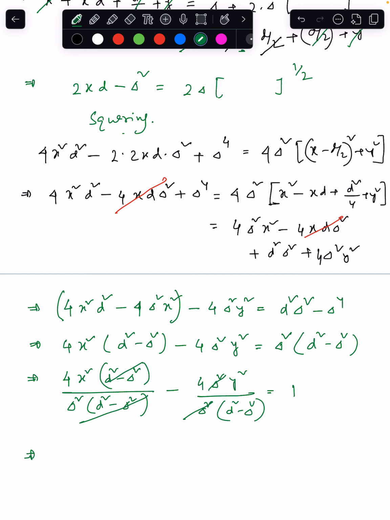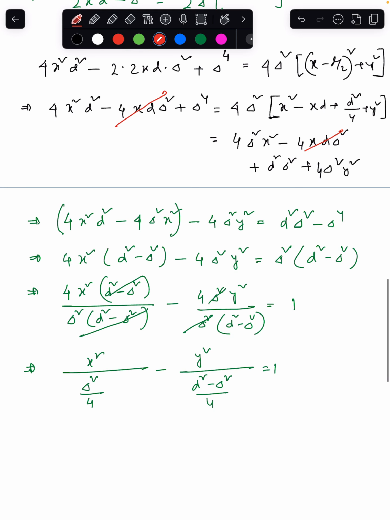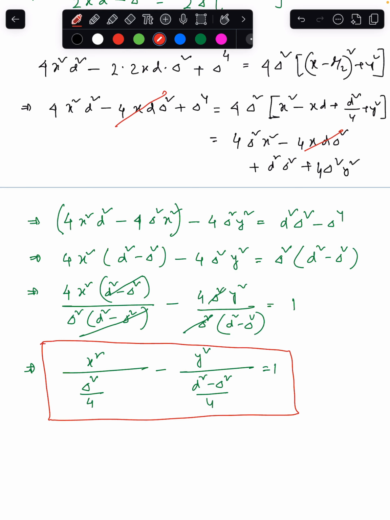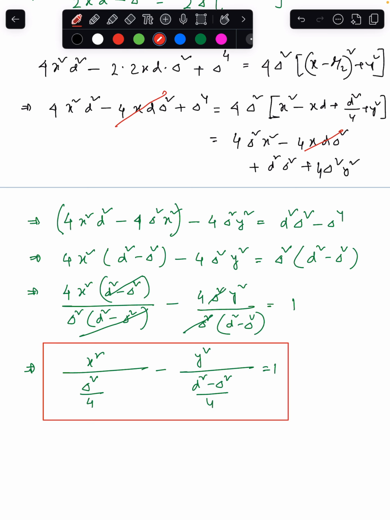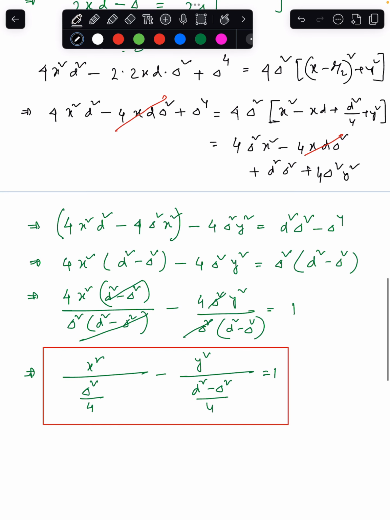So now x square by delta square by 4 minus y square by (d square minus delta square) by 4 equals 1. Bingo, we got the equation now. So you can clearly check, this is the equation of hyperbola. That's interesting. That's crazy.